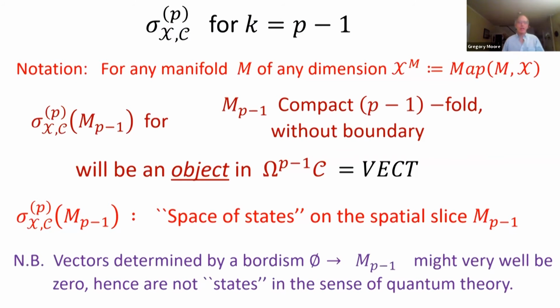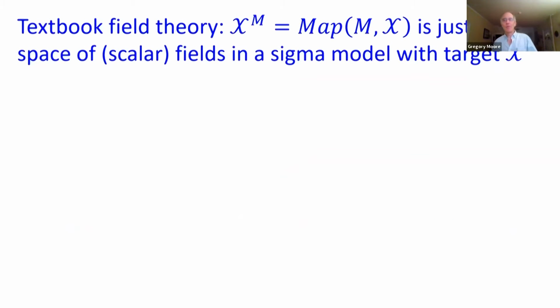Okay, so now I'm going to write down an explicit formula for this space of states once I'm given the data of X and C. Before doing that, it's good to recall the textbook field theory description of spaces of states in scalar field theories or sigma models. What is this X^M?